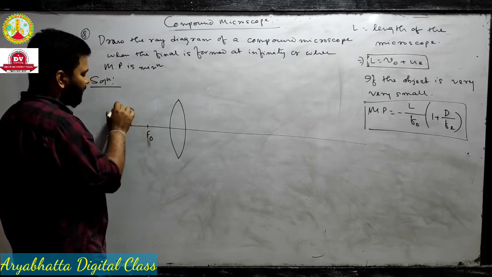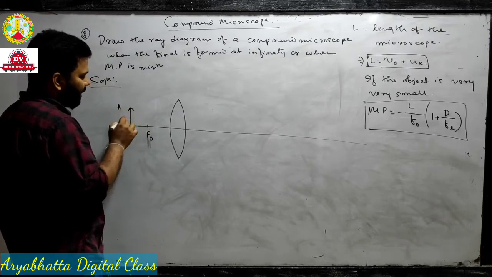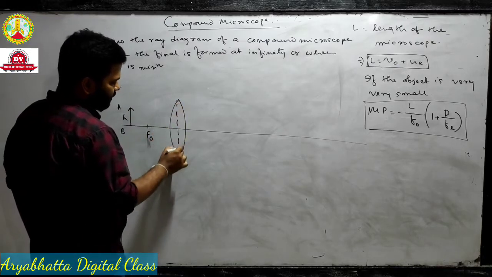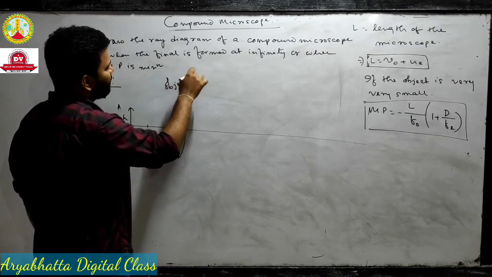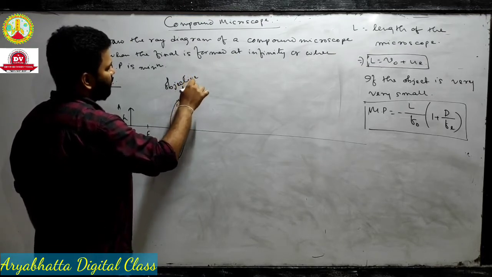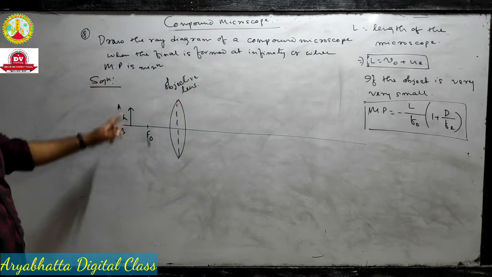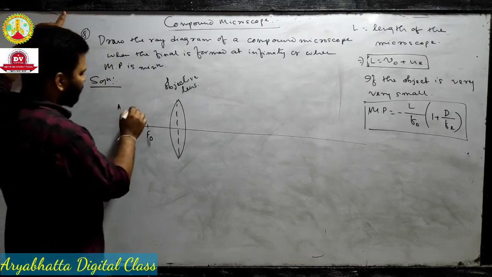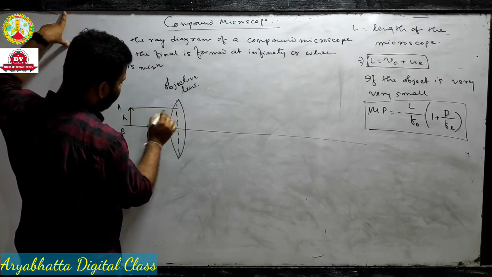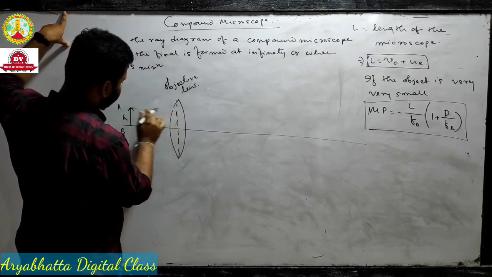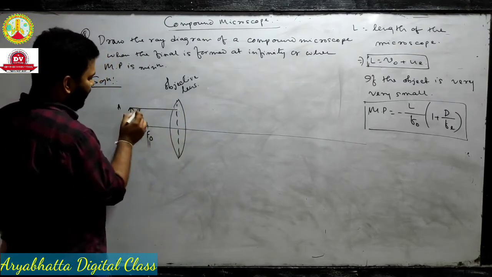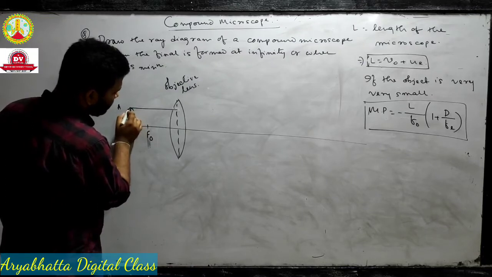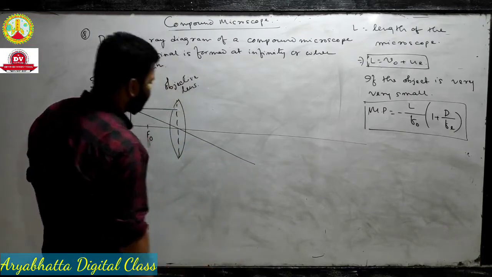This is the object AB, height is H. This lens is the objective lens, meaning the lens nearer to which the object is placed. From here a light ray will travel parallel to the principal axis. This one I will draw, and another light ray will travel to the optical center and does not deviate.